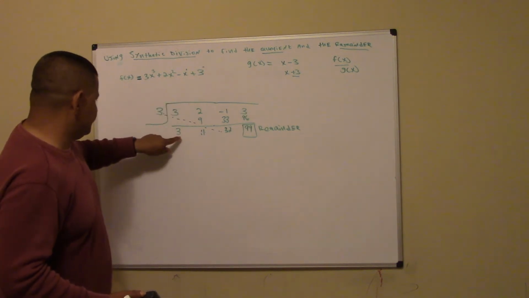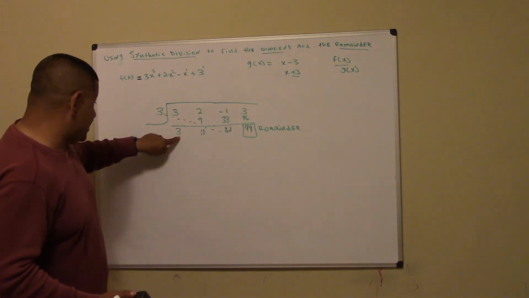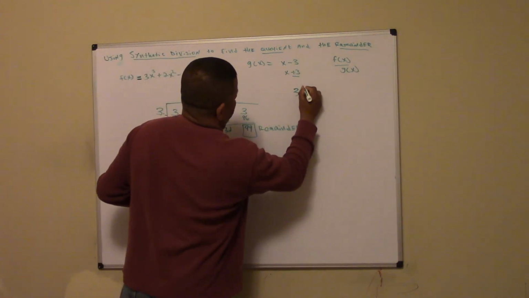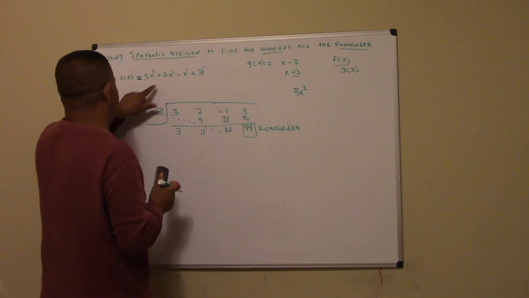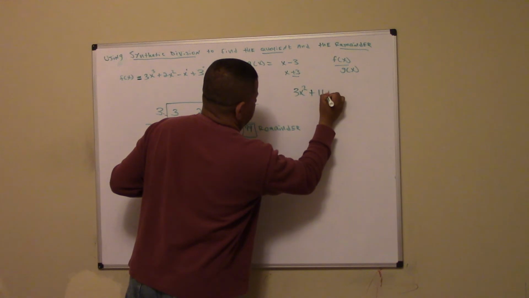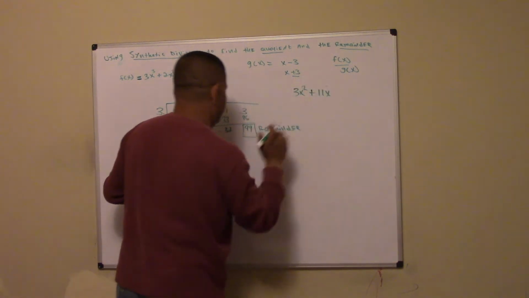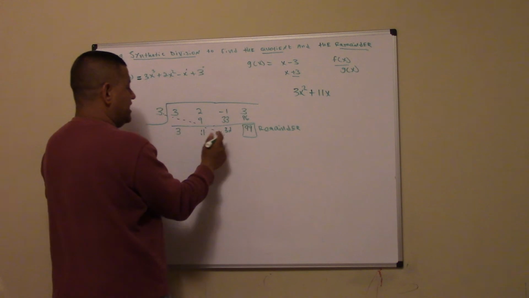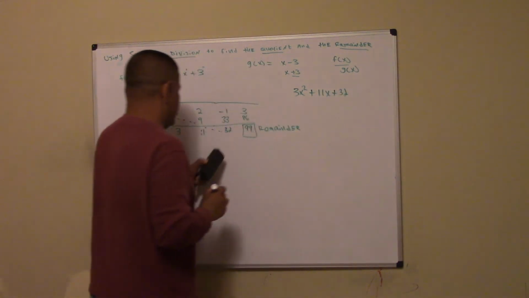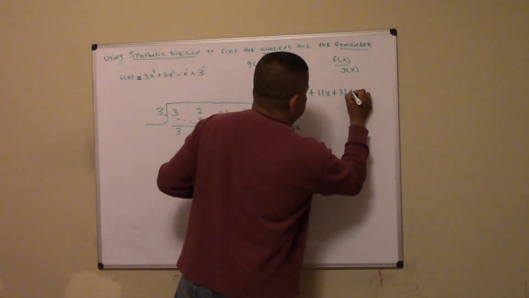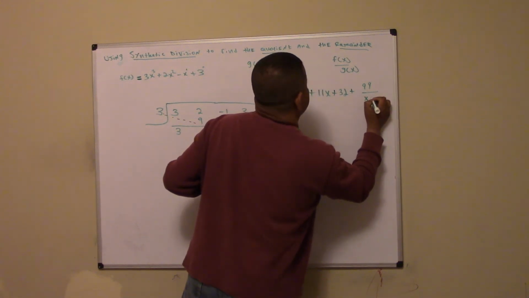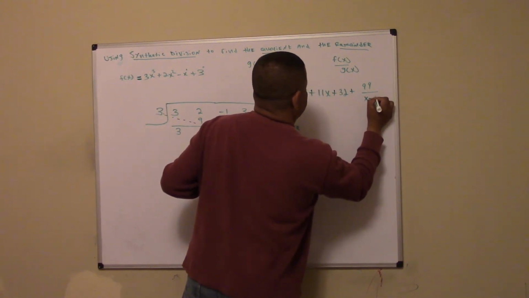So this is going to be 3x squared, right? 3x squared, and this is going to be 11x, right? Because it's positive. And then it's just a constant, plus 32. And then it's plus 99 over x minus 3.